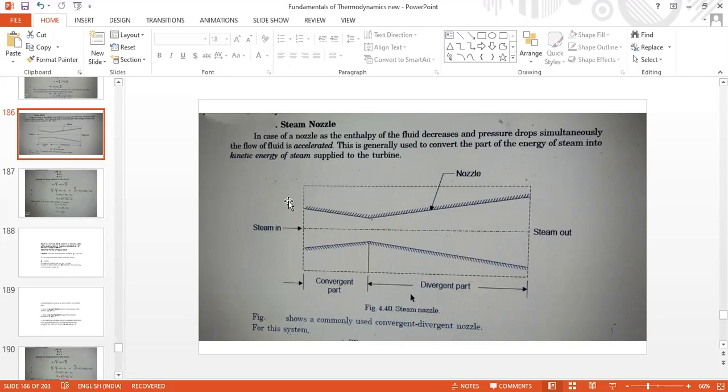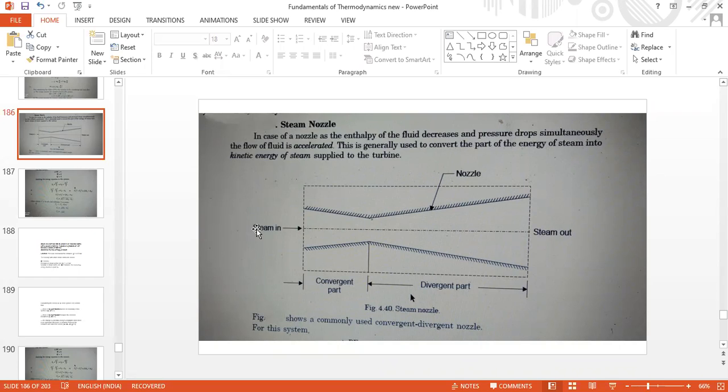Only steam nozzles use convergent divergent nozzles. Why, those aspects you will study in the next semester in a very deep manner. However, we constrain our study to the basics of nozzles, simple problems, and only fundamental thermodynamical aspects.